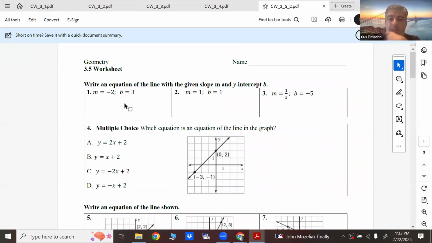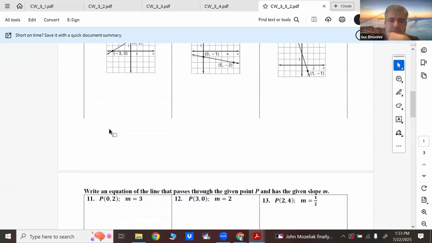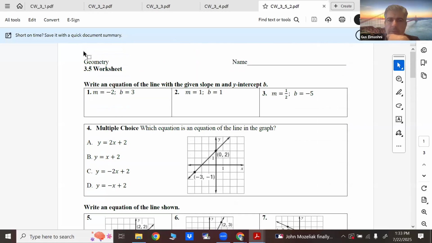So lastly, writing equations of lines. Should be pretty easy. y equals mx plus b, we know this.